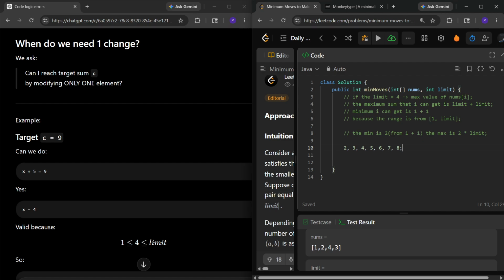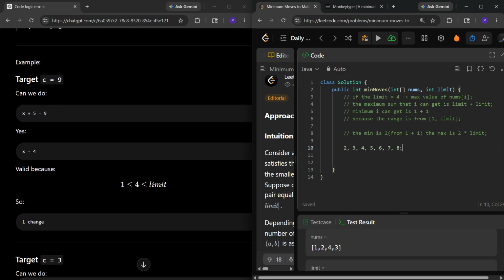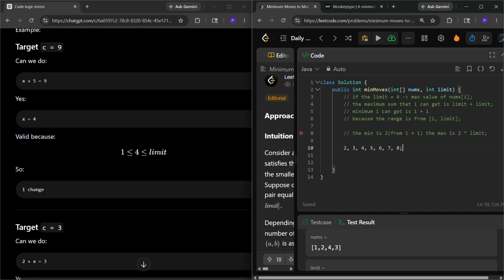So I can reach this. The only time I would need two changes is if, no. If I have 1, 5 for example, and I need 3, then I need to change both.